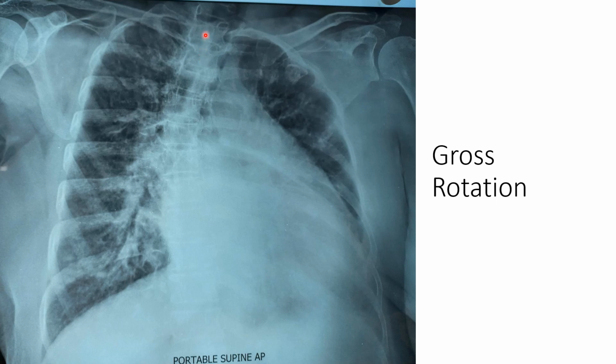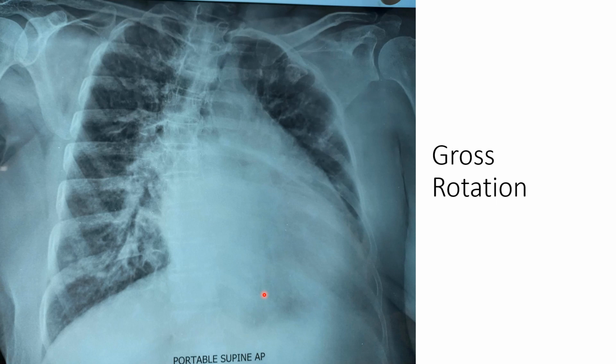So now you can see it is grossly rotated because the spinous process is here and one of the medial ends is here and another medial end is here. So it's obviously rotated. When this is rotated, we may not be able to confidently interpret the findings in the X-ray. Now we have this huge what appears to be a cardiomegaly, but we can't be sure, because whether this opacity, this whiteness here, is because of the rotation is another consideration.